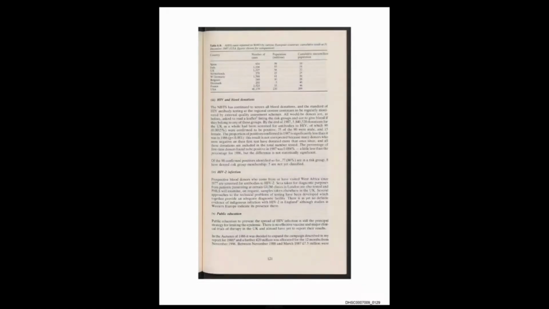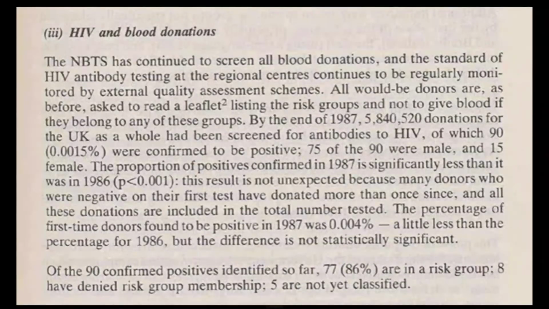Thank you. So if we could go to page 129, please. We can see that there's a section there on HIV and blood donations, if we could zoom in a little. It's noted that year the NBTS had continued to screen all blood donations and that the standard of HIV antibody testing in the regional transfusion centres continued to be regularly monitored.